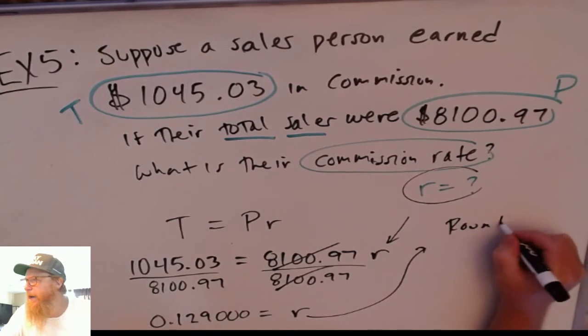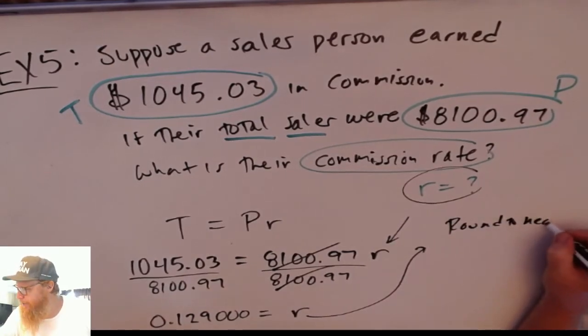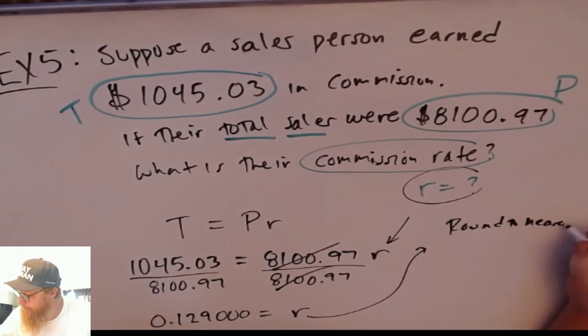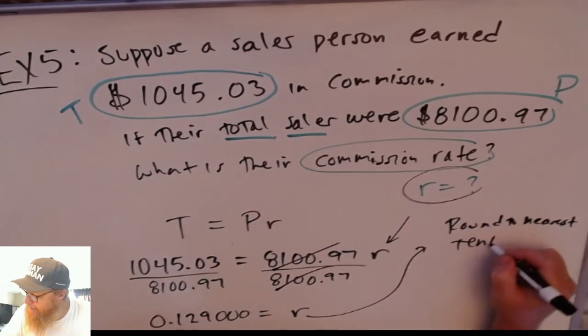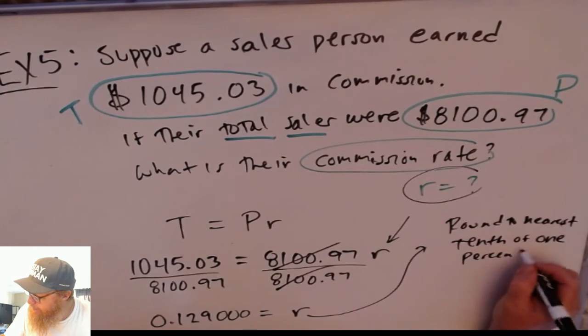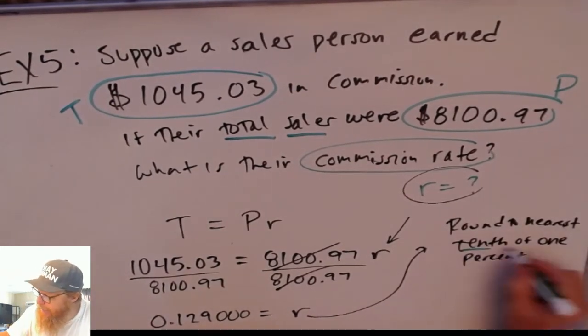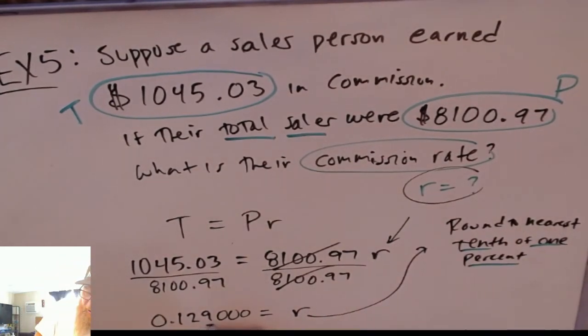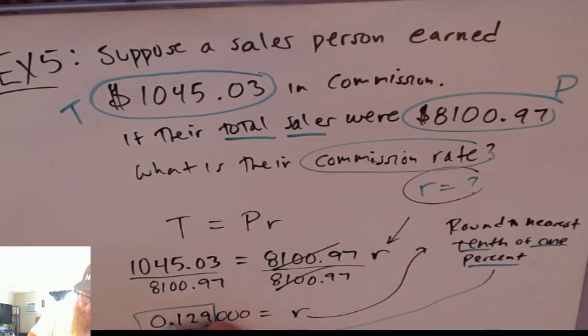I want you to round to the nearest tenth of 1%. Tenth of 1% is actually the third decimal place. Yeah, and think about why.